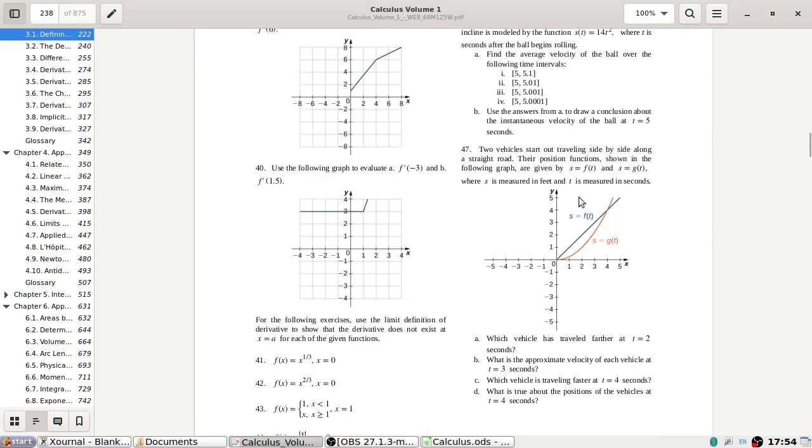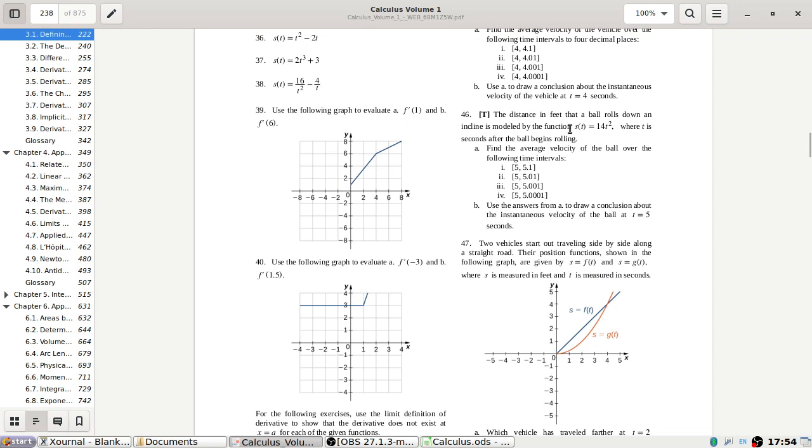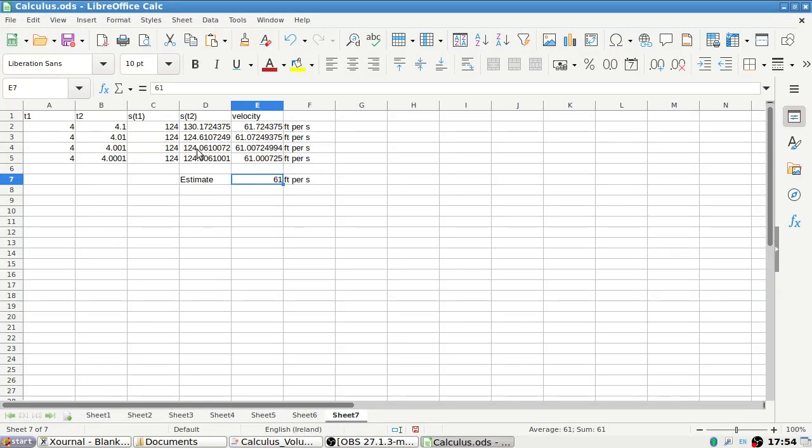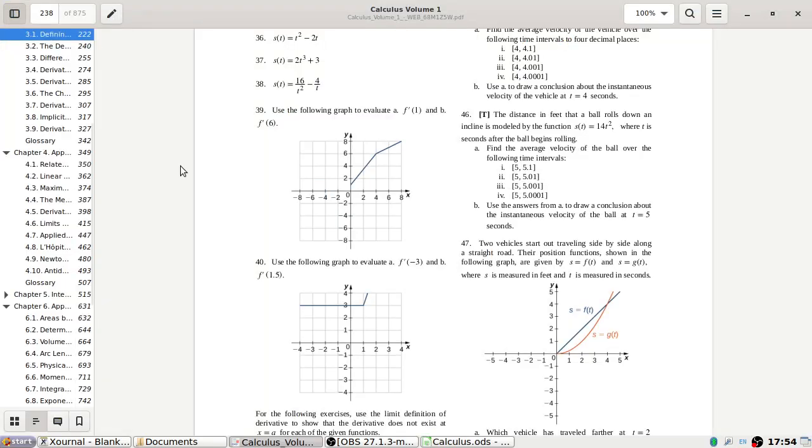Okay. Same again now. 14t squared. Find the average velocity and infer the instantaneous velocity. That's 14t squared. Okay, it looks like it's going to 112, the answer for that one.